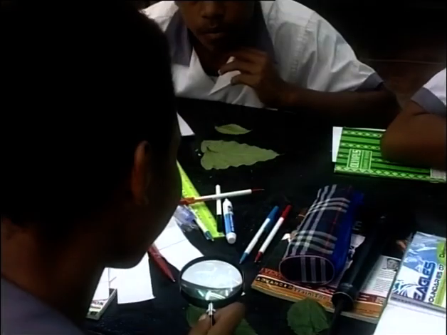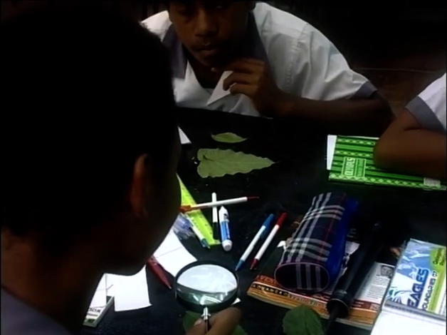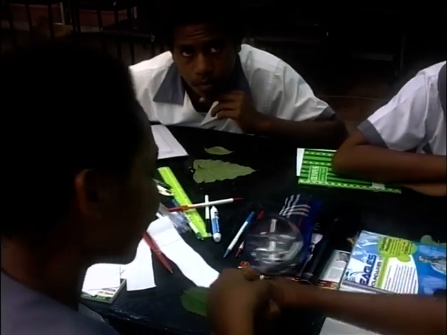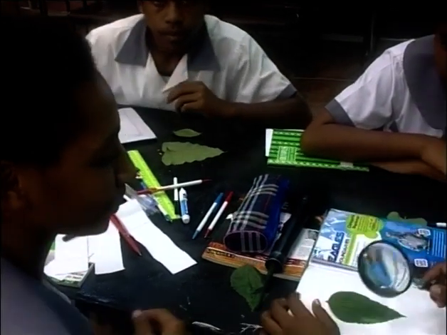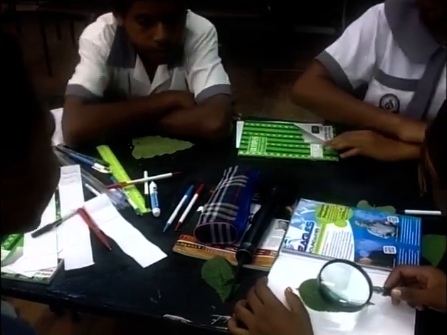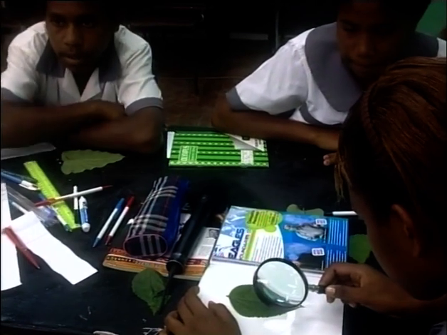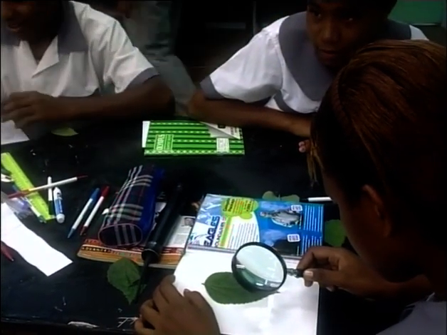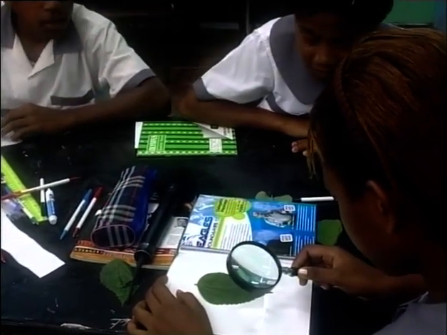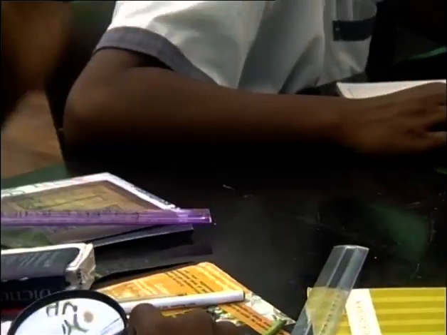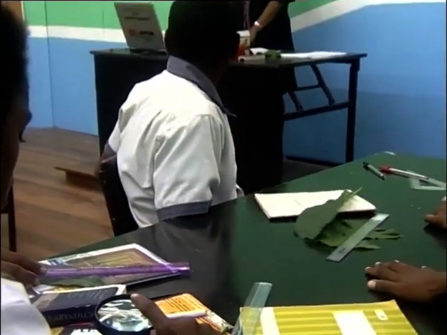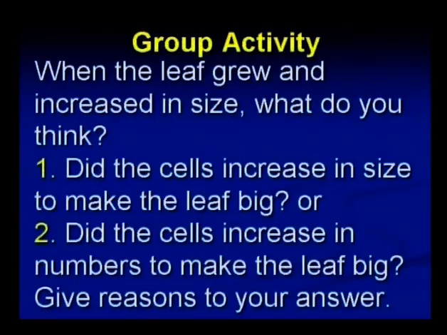Right, I'm sure the model class you have all been given a chance to observe the leaves. Now we will go back to our first activity on deciding which. Do you agree? Did the cells increase in size to make the leaf big, or did the cells increase in numbers to make the leaf big?